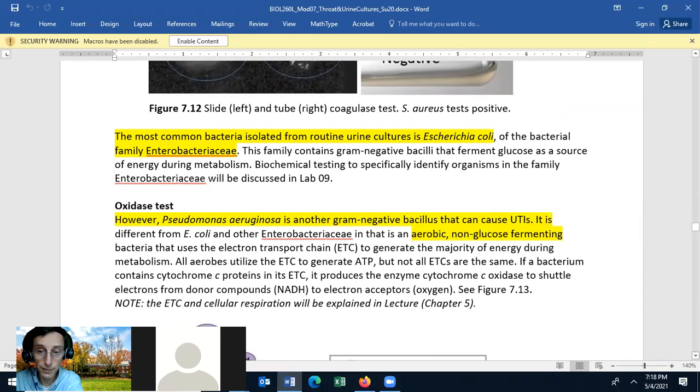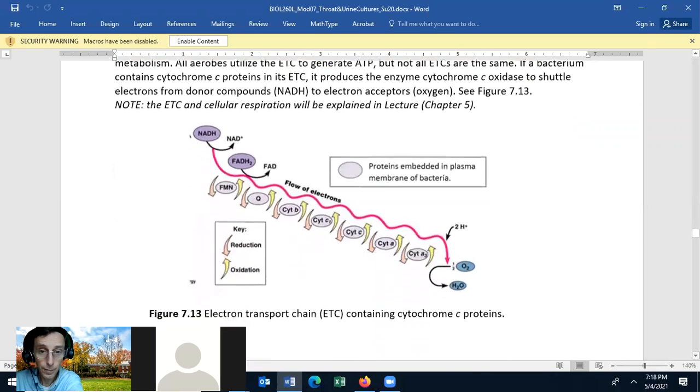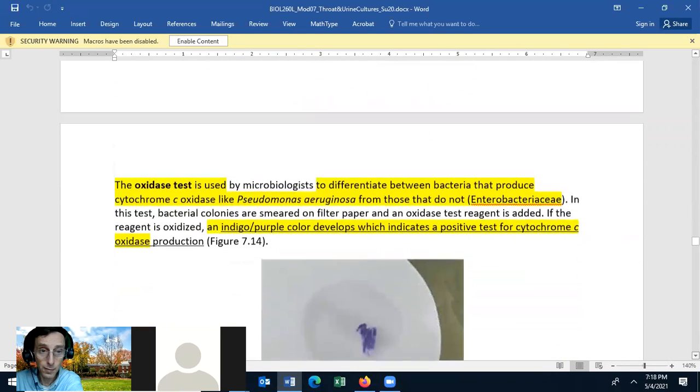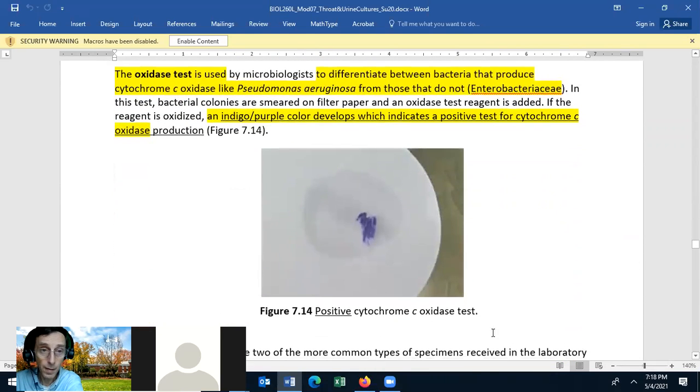And then there's one other difference too, and that is the Pseudomonas will test positive in the oxidase test. It'll turn blue in the oxidase test, and the Enterobacteriaceae are negative in the oxidase test. All right, any question about any of that?